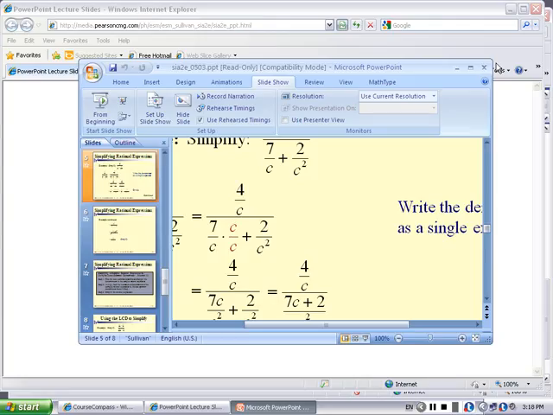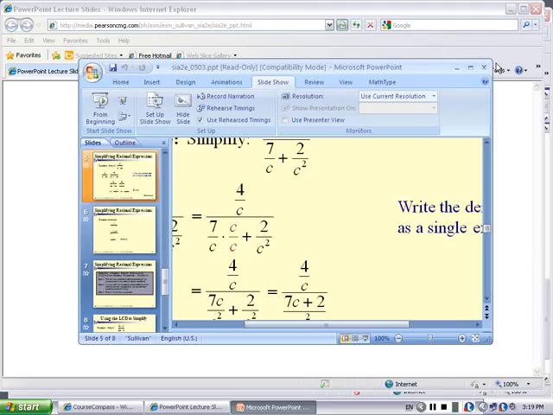You have 4 over c divided by this fraction, or rational expression. Can I change the division to multiplication? So it's 4 over c times c squared over 7c plus 2, right? Now, do you see anything that we can simplify? Yes, they both have c as a common factor, so I can divide out c.